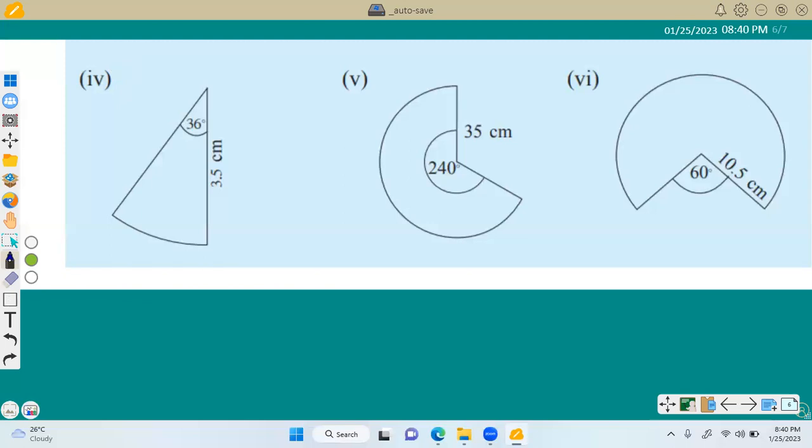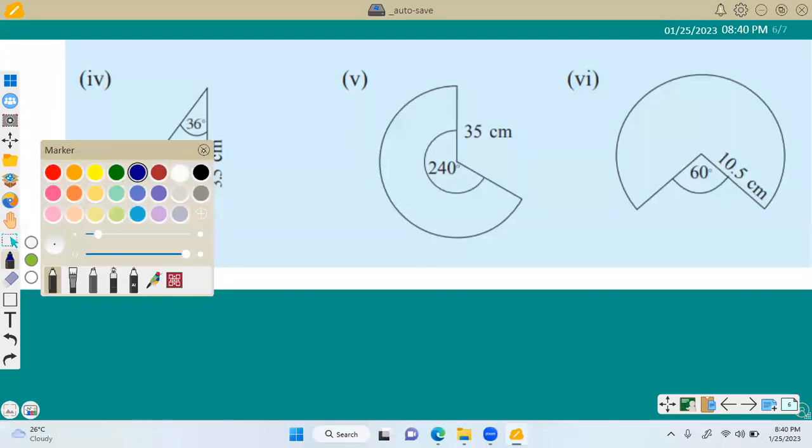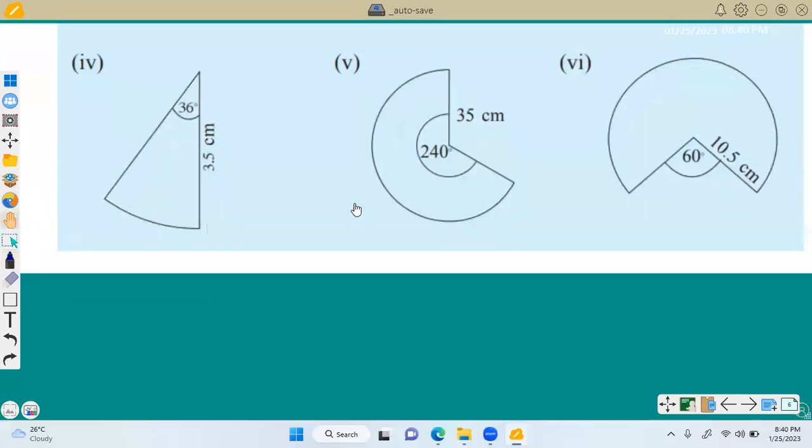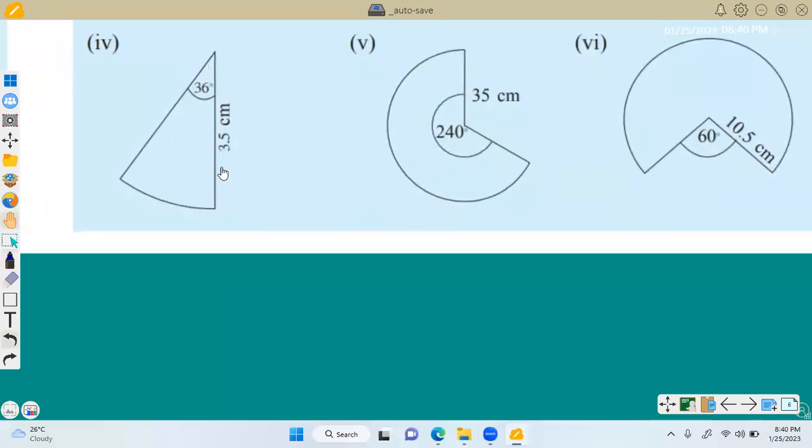Okay, can you remember that last week I taught you a small easy trick to substitute when you are given decimals. Now here we are going to find the arc length.